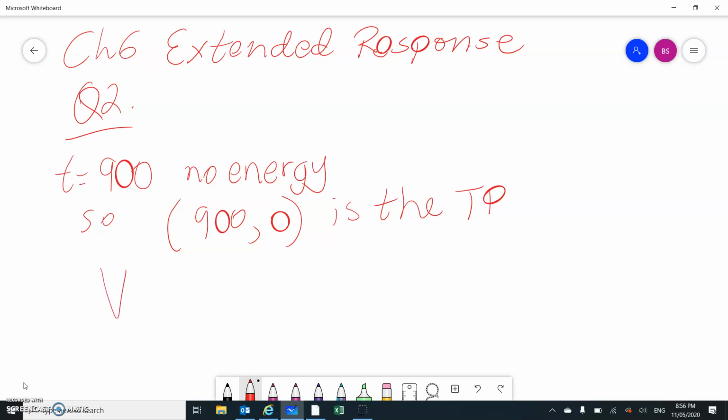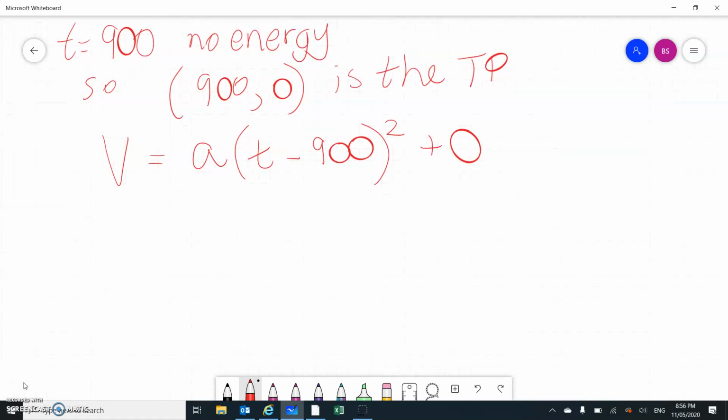We know the equation for a parabola is v equals a(t minus 900) squared, and it'll be plus 0 because the turning point is (900, 0). Now we need to find the value of a. How do we do that? We need another point on the curve, and we have one: (0, 25).